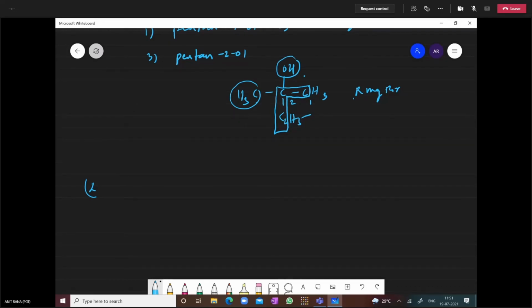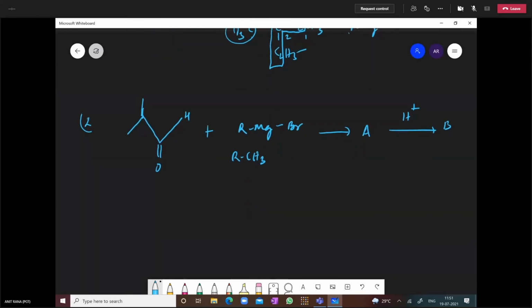This is the reaction you have to complete. And R is methyl here. It gives me A, then hydrolysis gives me B. What is A and what is B? You have to answer.